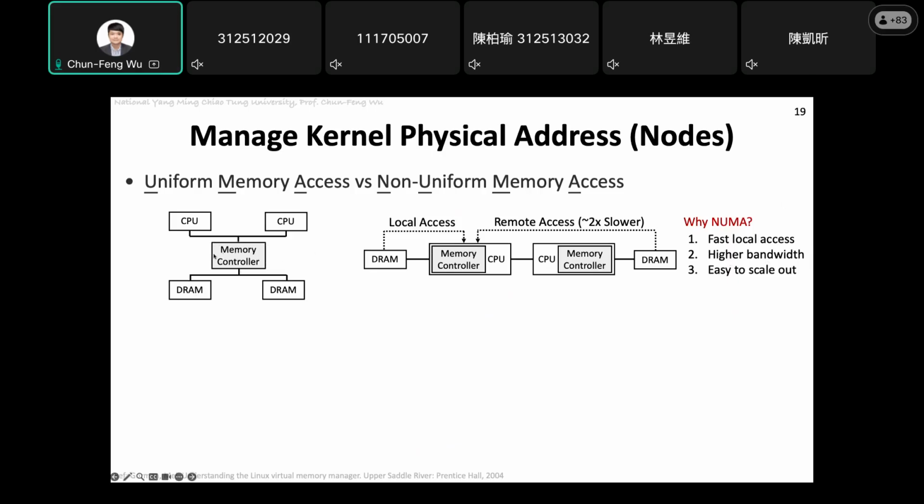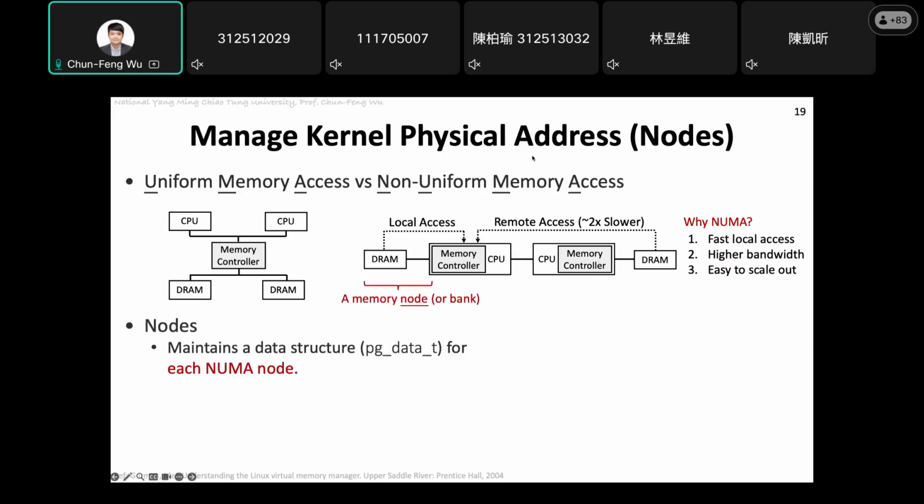Okay, so this memory controller you can think of as a very tiny CPU that makes some decisions. If CPU 1 is going to get data from DRAM 1 and CPU 2 is also going to get data from DRAM 1, then how do I do the scheduling? So this memory controller will do some scheduling, and then it is going to avoid some packet congestion there. Okay, yep, that is about NUMA and UMA.